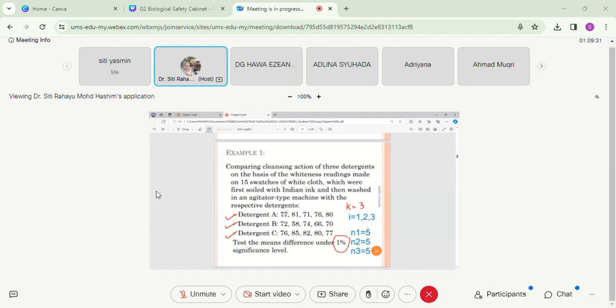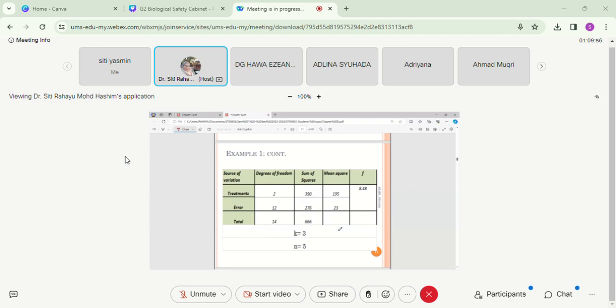So, how do we know 5 kira ialah berapa? Basically ada di sini 1, 2, 3, 4, 5, 1, 2, 3, 4, 5. Okay, it seems like all of the detergent has different numbers of specimen of white cloth, right? Now, macam mana kita nak buat?